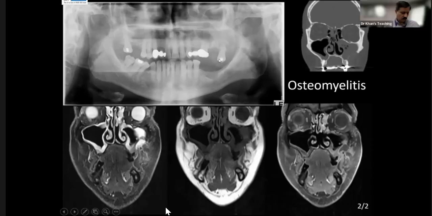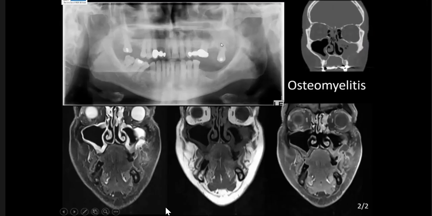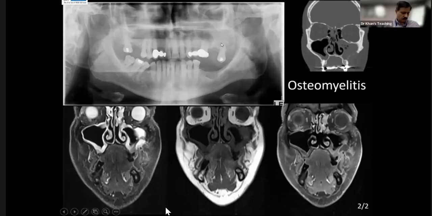So look at the teeth here. There is a lucency around that tooth, the first molar. So it could be an extension from a periapical abscess to the sinus. So it's an infection which has spread.